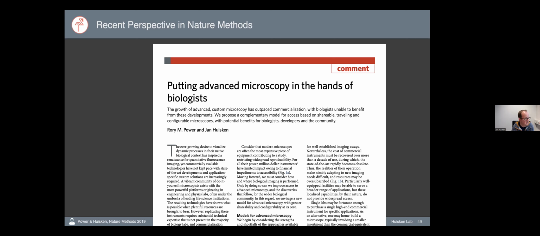So the idea, instead of building a fancy microscope in your optics lab and then inviting biologists to come with their precious samples to you to use the microscope, rather send them the microscope and that way give them access to the latest technology without, maybe, sacrificing the biology or the precious samples if they have to travel somewhere.